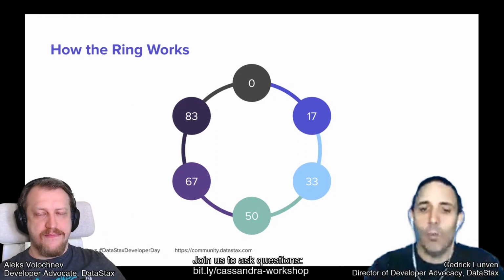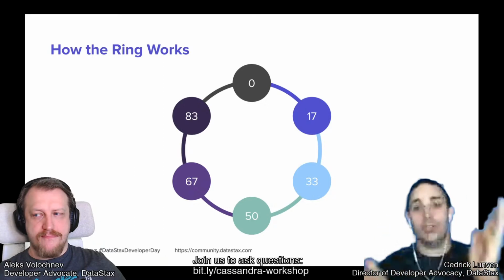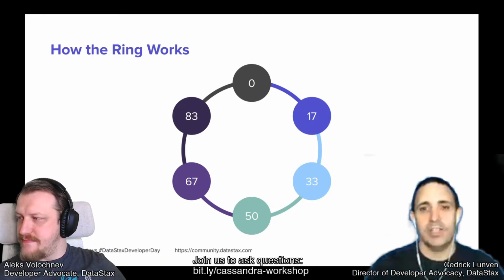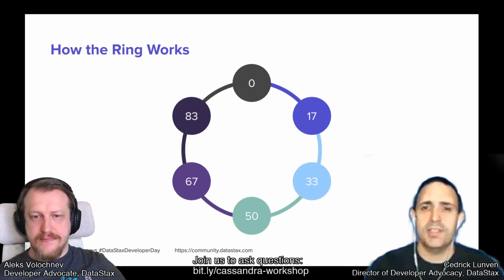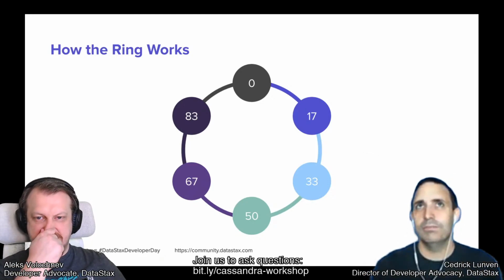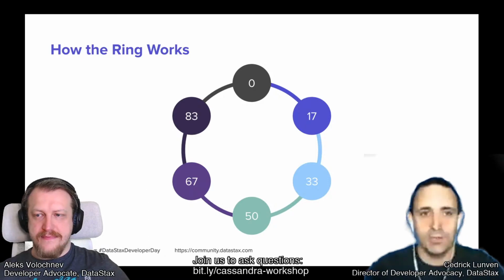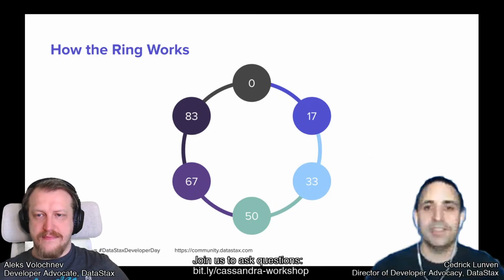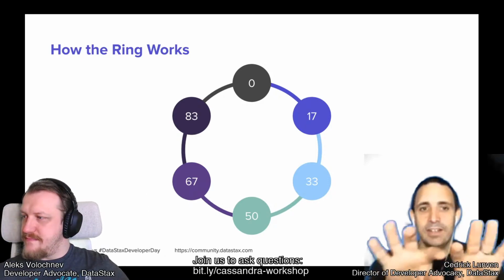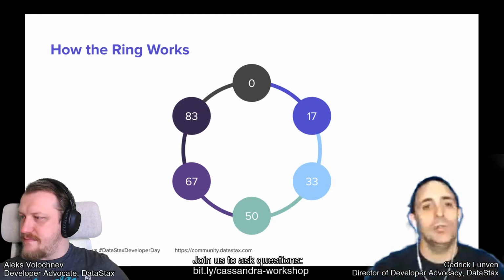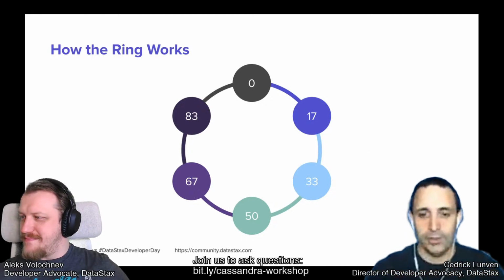One node is in charge of a token range. The token range is per table, and it can go from minus 2 to the power 64 to 2 to the power 64. It's 64-bit numbers. And Cassandra evenly distributes these tokens around your nodes.